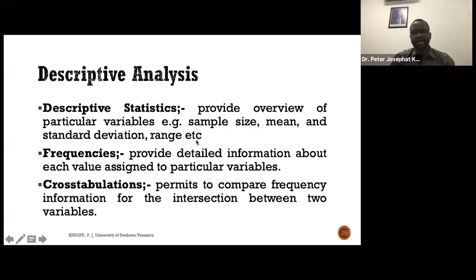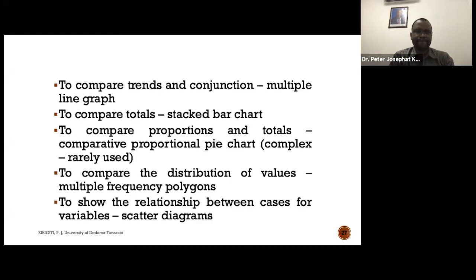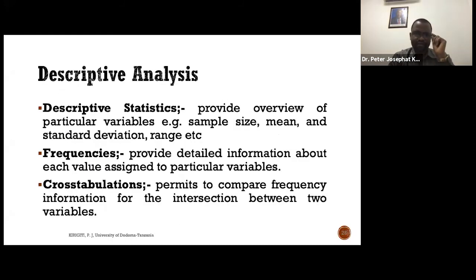So coming here to the descriptive analysis, as you can see, we just wanted to have an overview, especially in terms of the graphs. For the descriptive, we wanted to have the values. A single value may be referring to a certain problem.